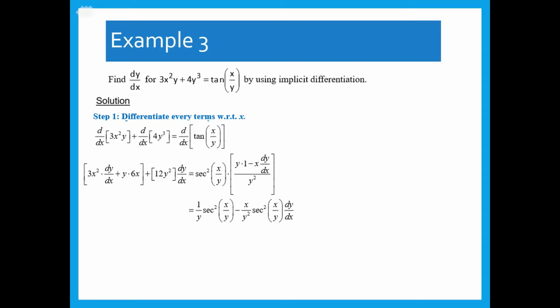Differentiate 4y cubed. The answer is 12y squared dy over dx. And differentiate tangent of x over y. The answer is 1 over y secant squared of x over y minus x over y squared secant squared of x over y dy over dx.